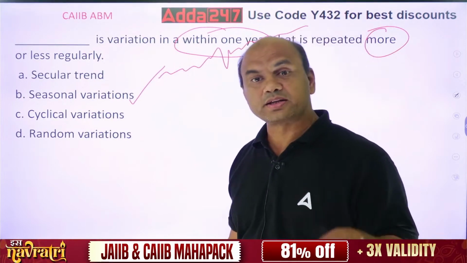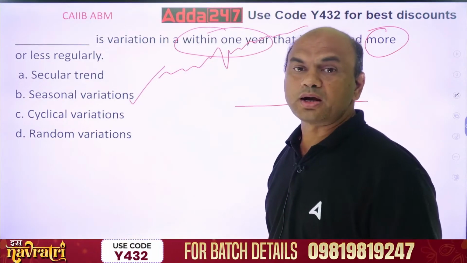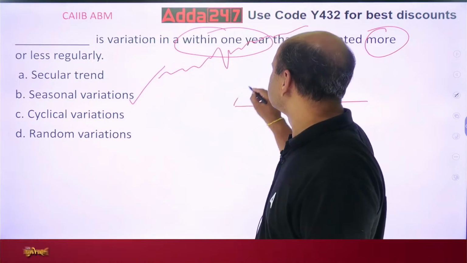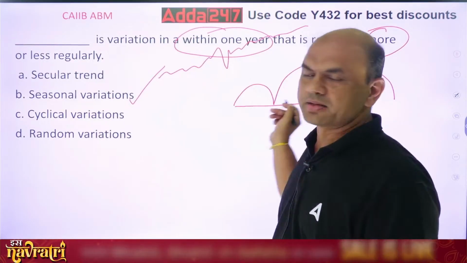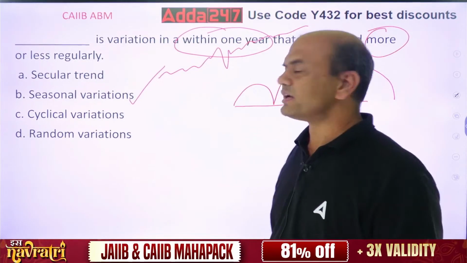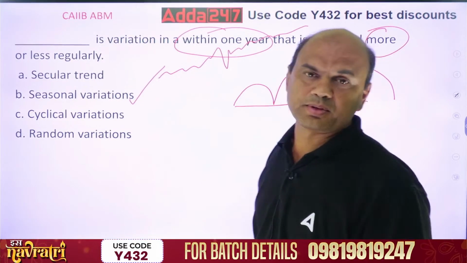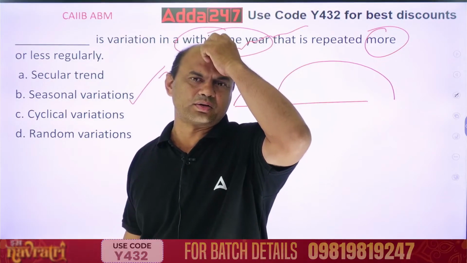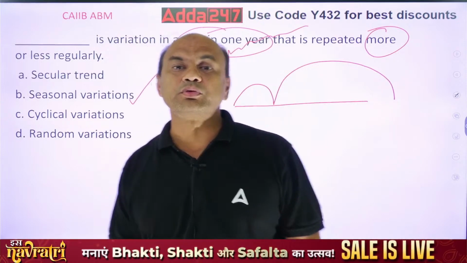Cyclical variation means it's a business variation. You can't predict the cycles. It can be like this, or it can be like this. Anything it can be. It can be for a short-lived period, it can be for a longer period. For example, how many of you use Facebook?